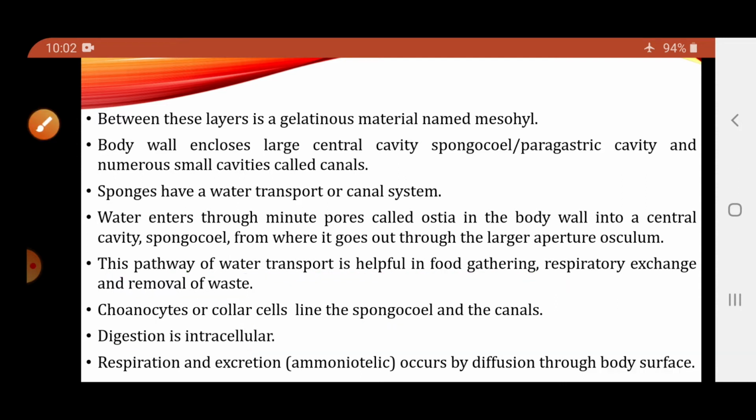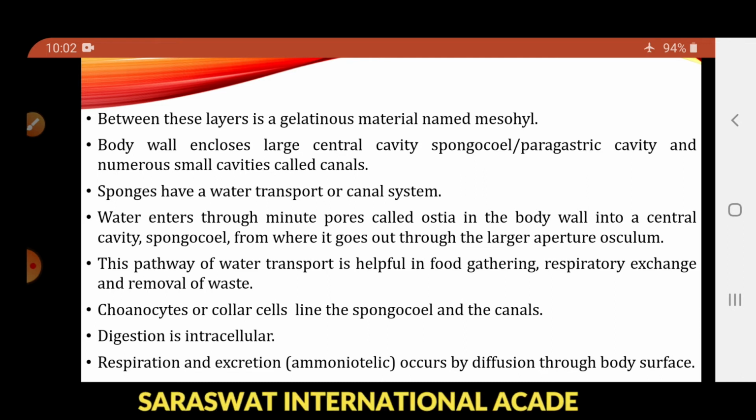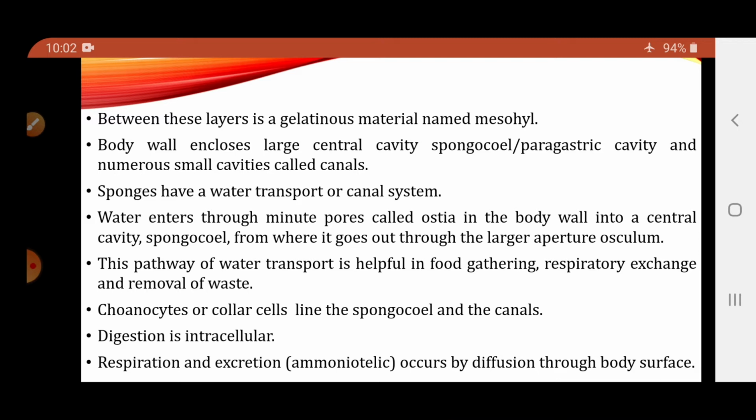Now how do respiration and excretion take place? So basically there are no specialized respiratory or excretory organs. Body surface से ही ये process होगा. And which process? Diffusion. Diffusion यानी कोई भी substance when it moves from the region of higher concentration to lower concentration, it is called diffusion. So respiration में क्या होगा? ऑक्सीजन कहाँ पे ज़्यादा होगा? वाटर में.